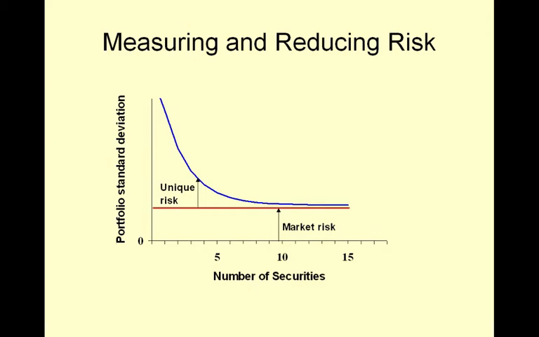This graph shows the general relationship between portfolio risk, as measured by standard deviation of returns on the portfolio, and the number of securities in the portfolio. The principal relationship is that as the number of securities in the portfolio increases, going this way, the overall portfolio risk diminishes.